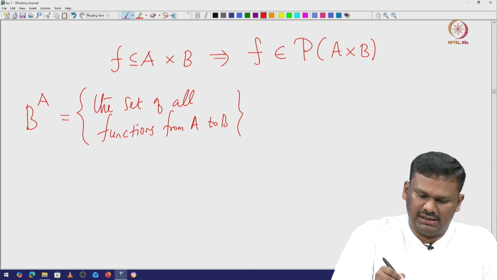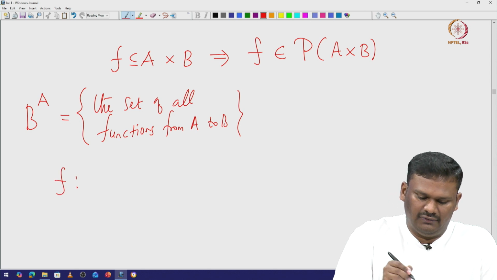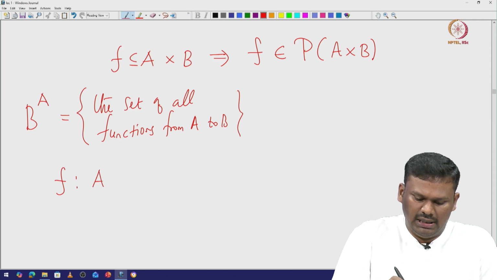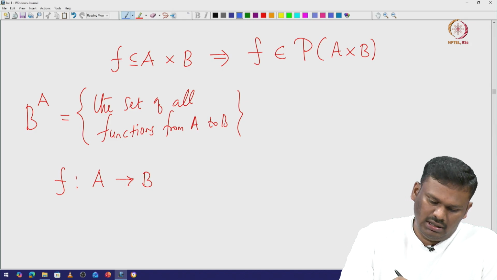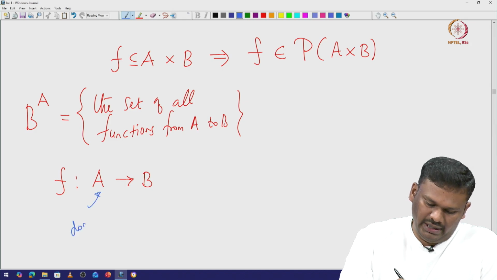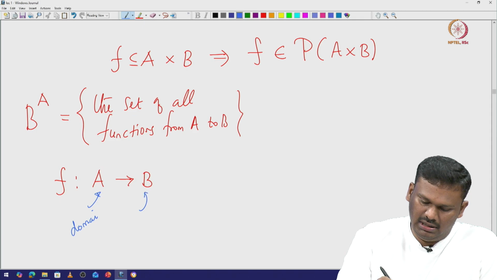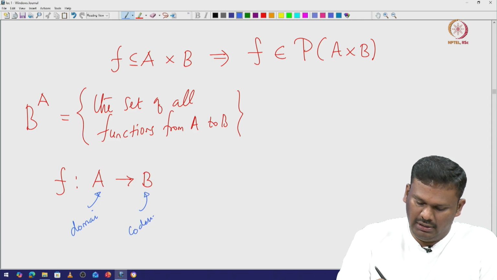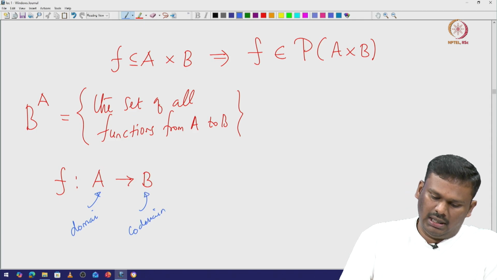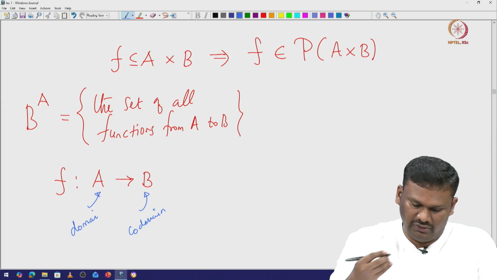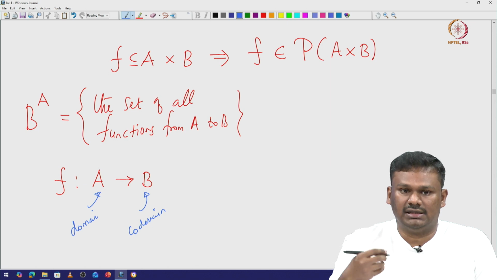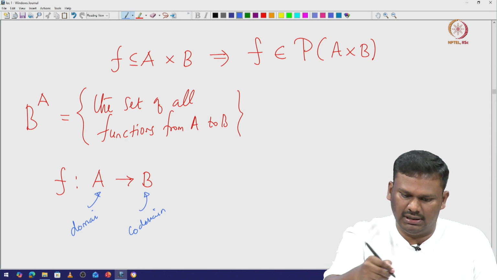Like I said, any given typical function is denoted as f colon A to B. This is the standard notation used to write a function. Here A is called the domain and B is called the codomain, okay. We can also define other terminologies like the image of f or the image of any subset of A, and so on. We will come to that later.